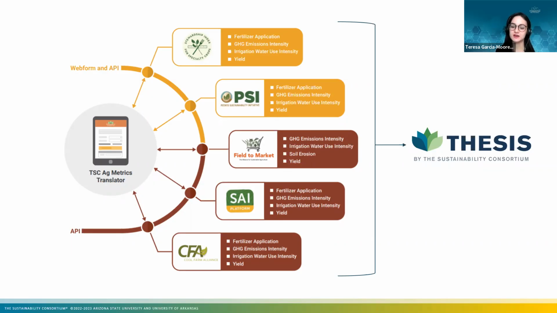It uses the farm level data that is already contained within the application. We're very excited to share that the new SISC Calculator will have an API connection to Thesis, an easy button. This will allow organizations that are aggregating metric results to translate those results into the exact format needed to answer Thesis.